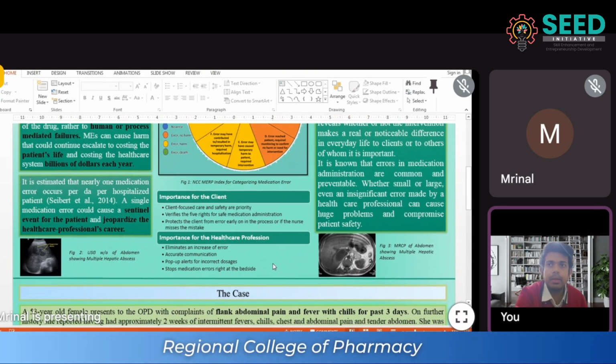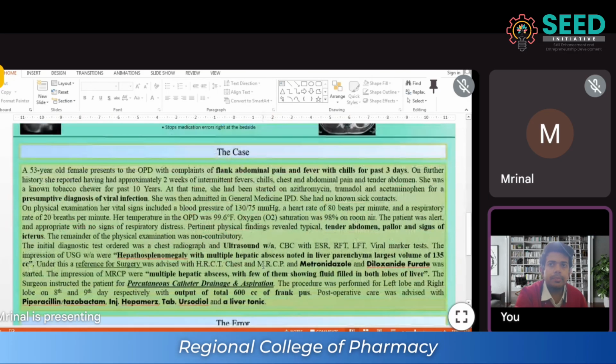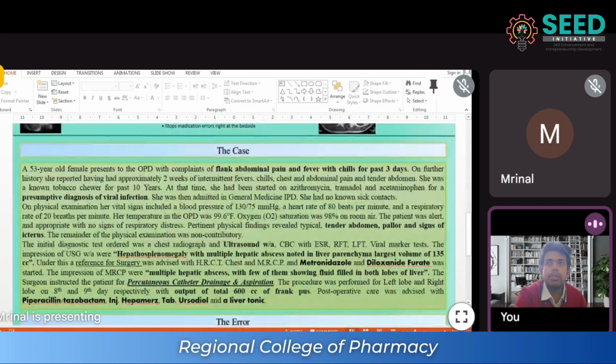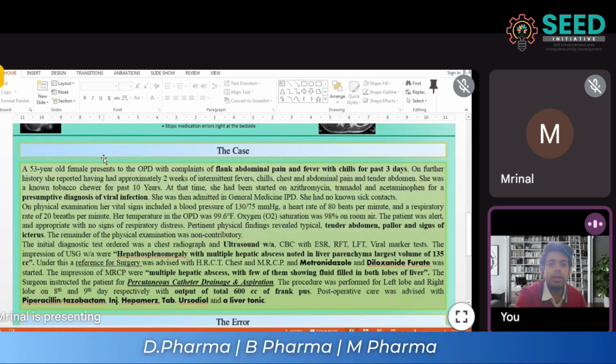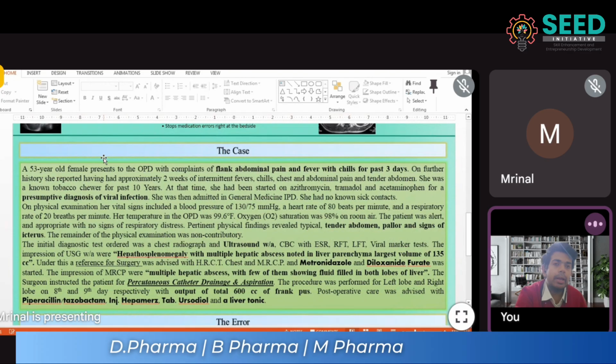Coming to the case, this was a 53-year-old patient who was admitted to the OPD with the complaint of flank abdominal pain and fever with chills for the past 3 days.